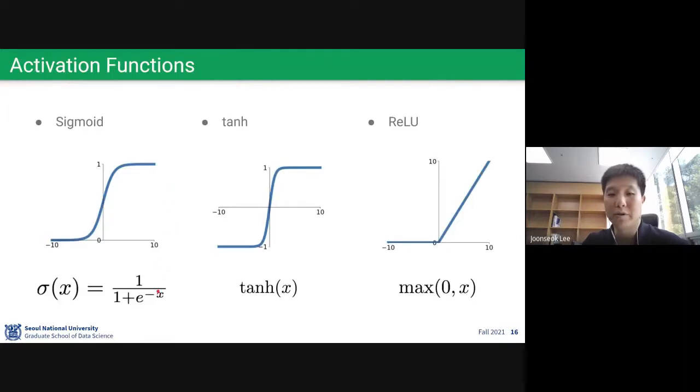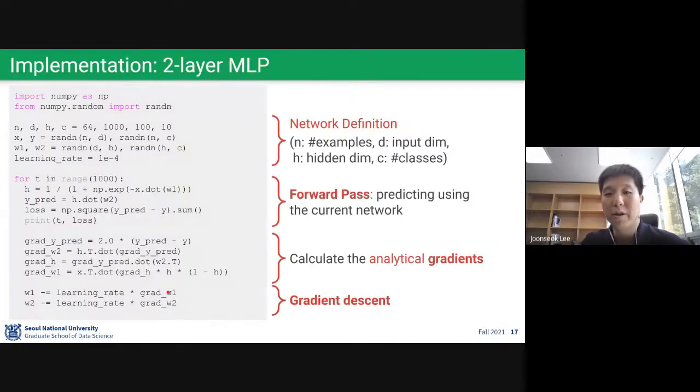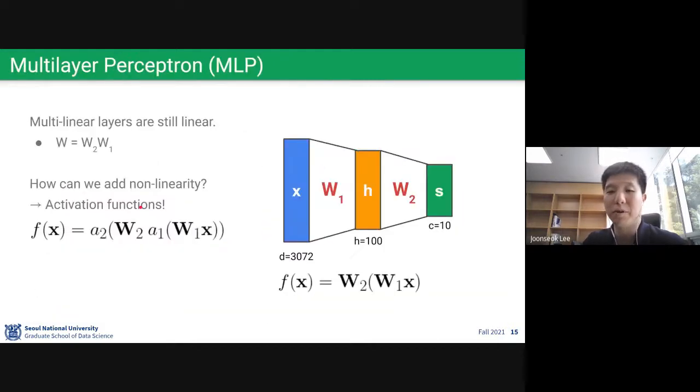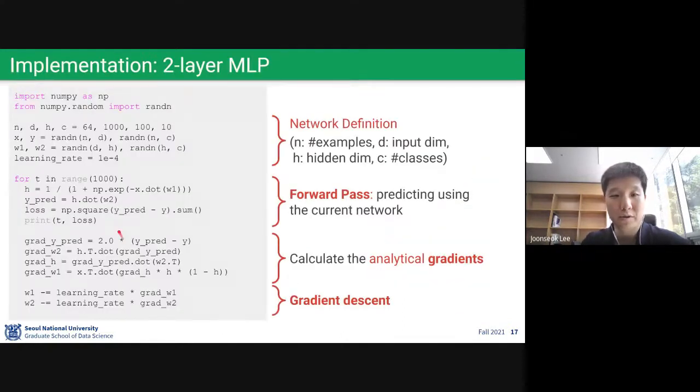So here, the input is x, and W1 is multiplied as dot products. This is called H, and the prediction Y is H times W2. So that's basically what we are implementing here. A1 is the sigmoid function, and A2 is nothing, so we have this identity function for the second layer here.